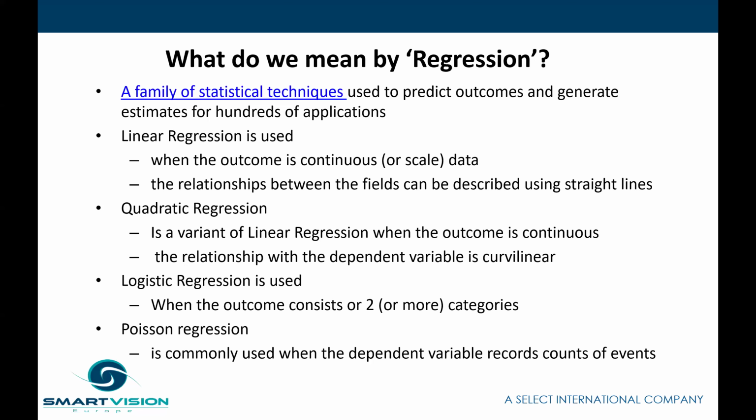Poisson regression tends to be used in those situations because these count events tend to have a slightly different shape of distribution than the types of procedures that linear regression is used against. So again, lots of different variants of regression there.